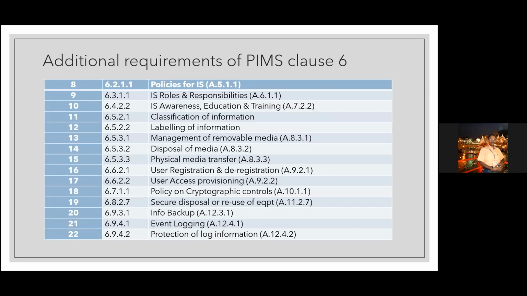All these are the controls of Annexure A. So when we have a new set of Annexure A in the ISMS, this additional information with respect to personal data still needs to be implemented in case an organization wants to certify for the PIMS part.